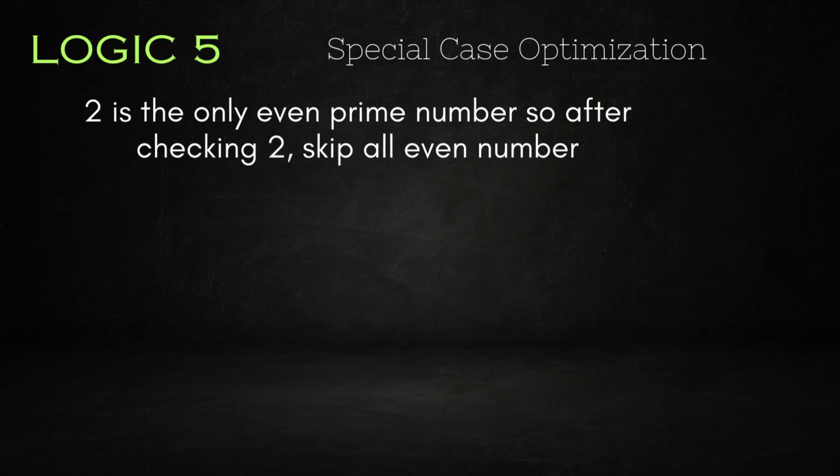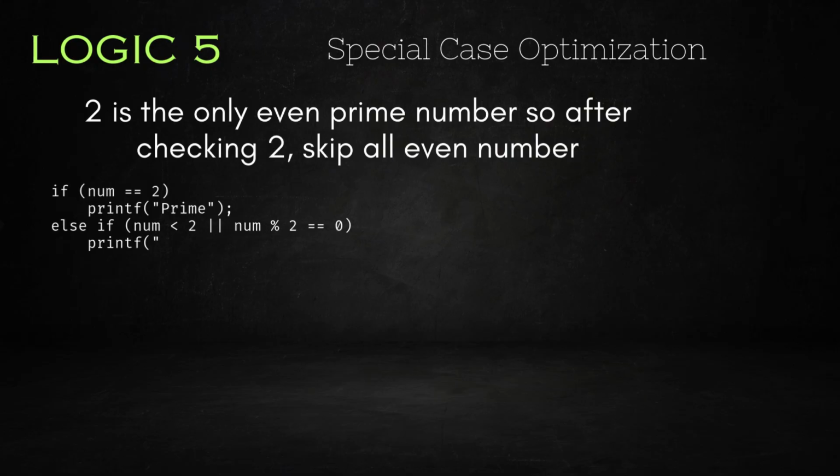Logic 5. Special case optimization, smart thinking. Now let's add more intelligence. 2 is the only even prime number, so after checking 2, we can skip all even numbers. If num == 2, printf prime. Else if num < 2 or num % 2 == 0, printf not prime.